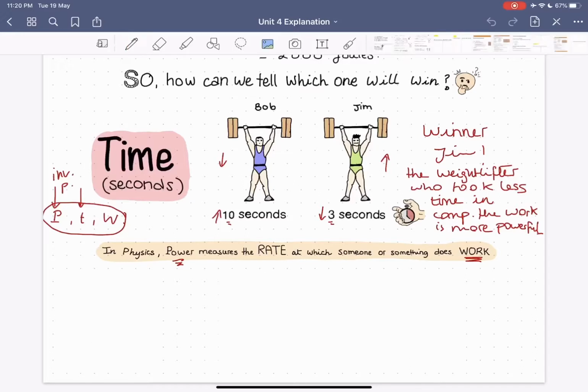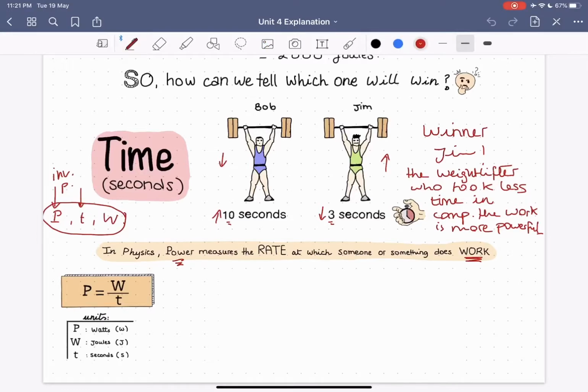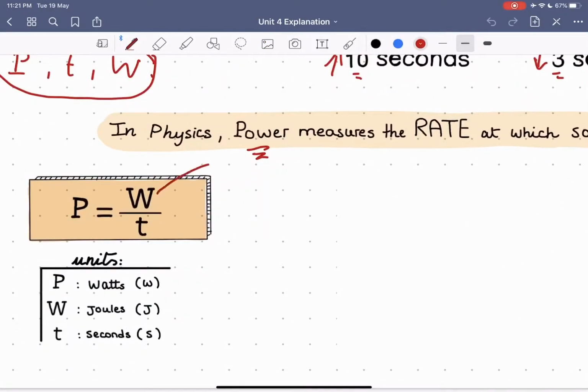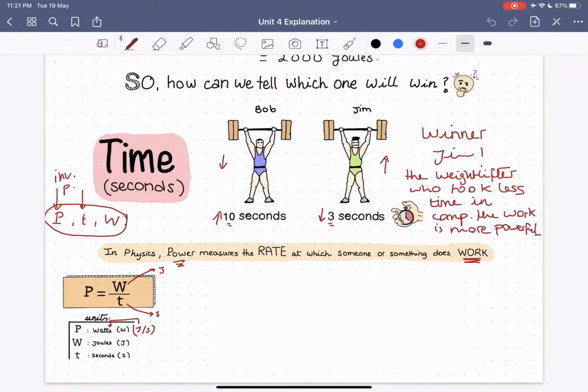And so if I want to rearrange them in a formula, this should be P equals work upon time. Now, since the work is in joules and the time is in seconds, power is in joules per second. This is represented in physics in watts. So power has two units. It could be joules per second or it can be watts.